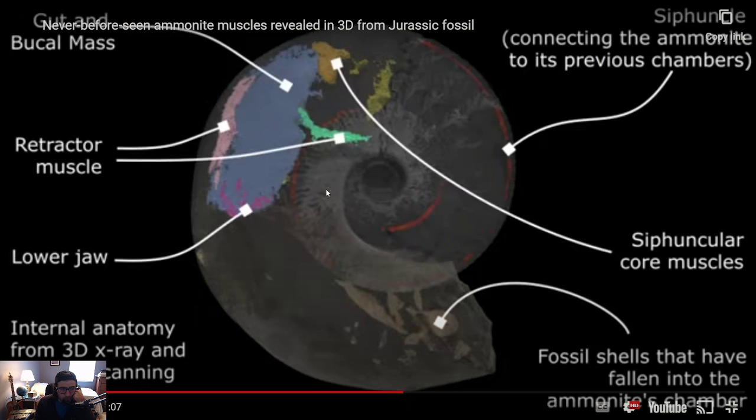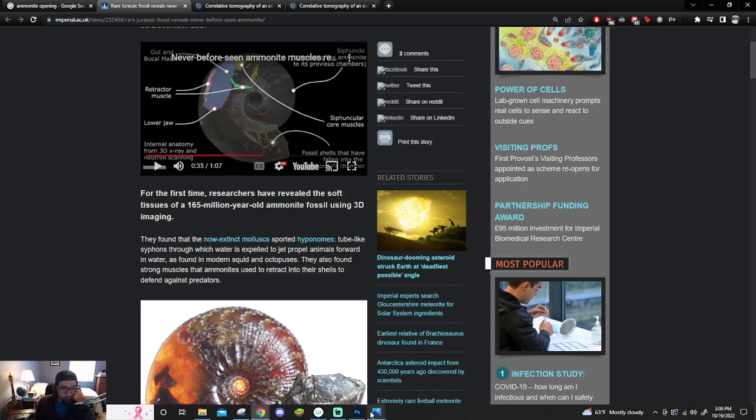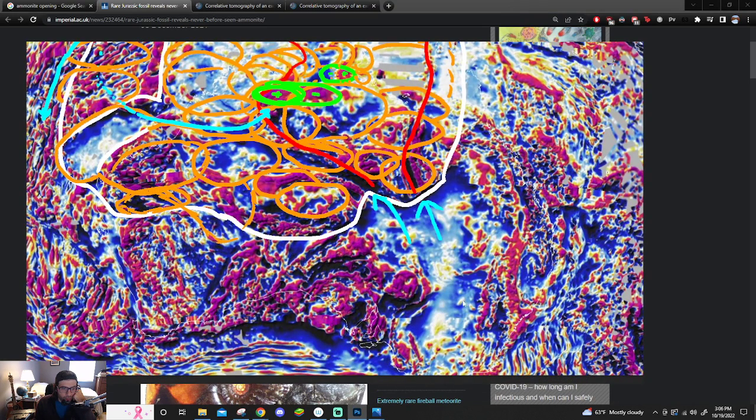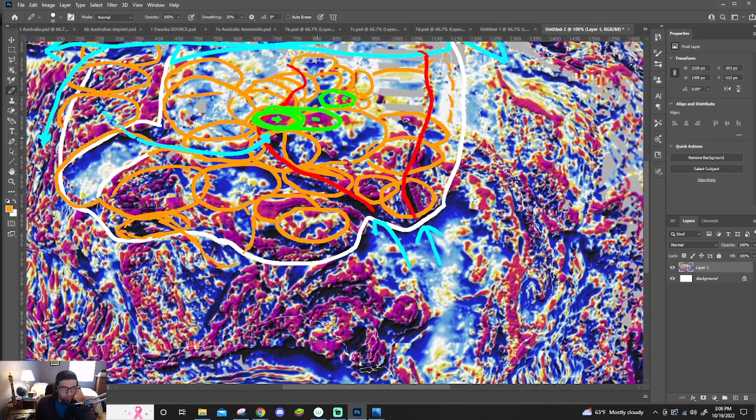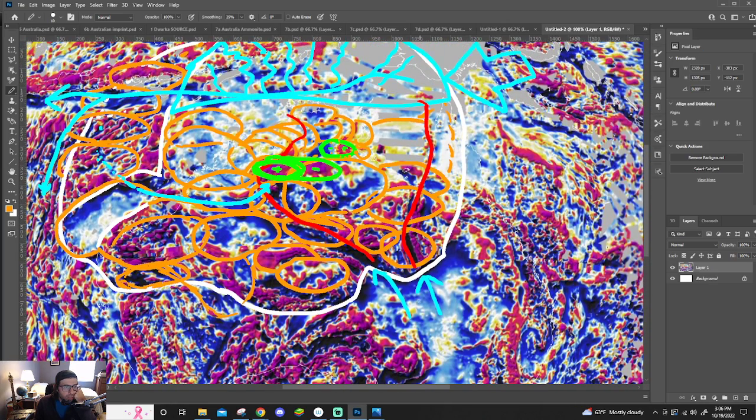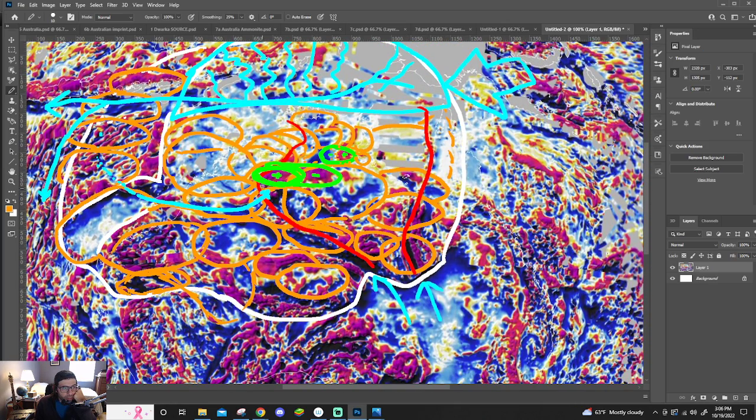Maybe it goes this way, inward. Either way, I think it just spirals inward by the deflection. Let's look at that. Spirals inward. So I didn't draw that red right.